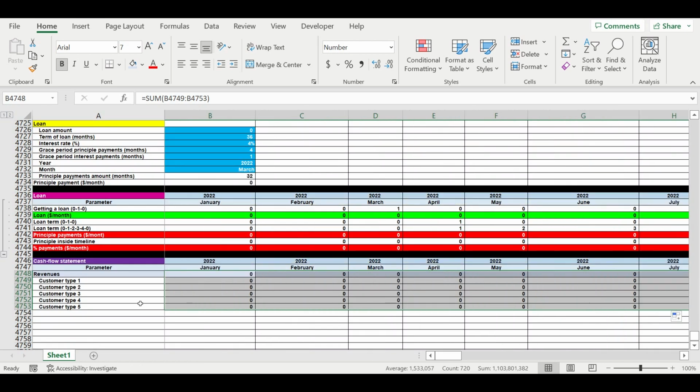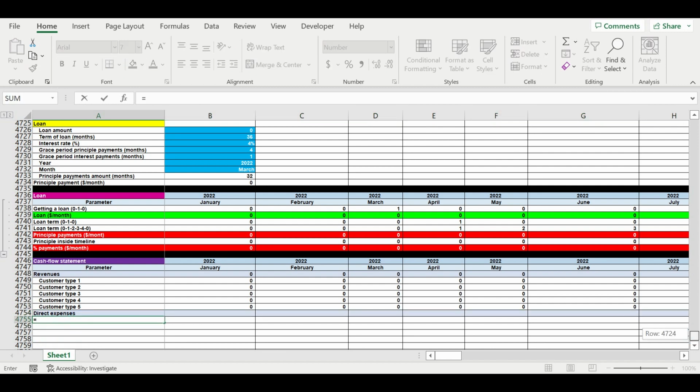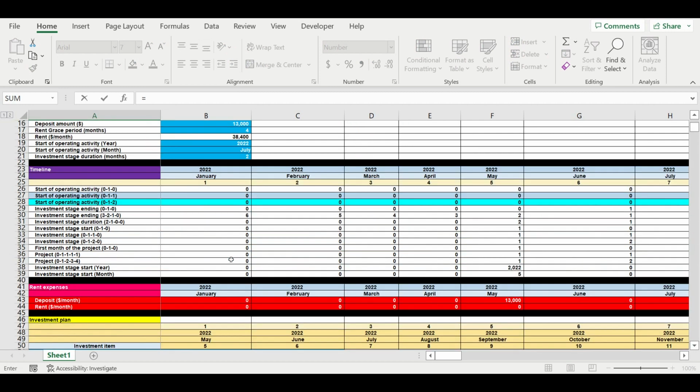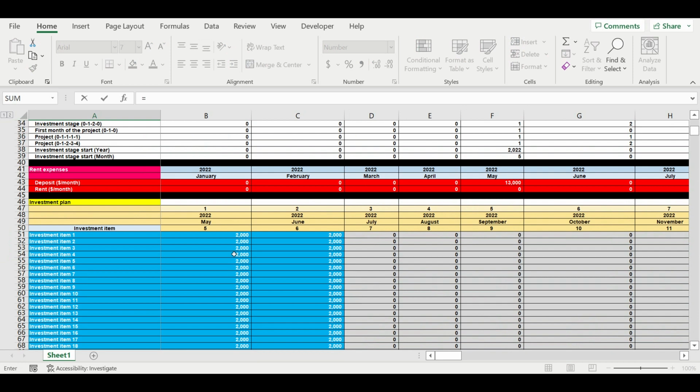Then we create the line for direct expenses, and I will be going from the top of the model to the bottom.